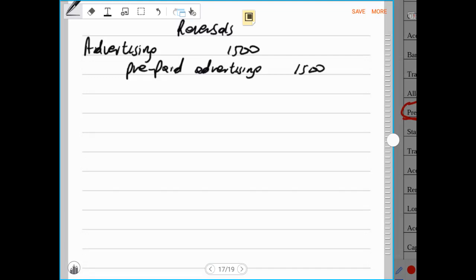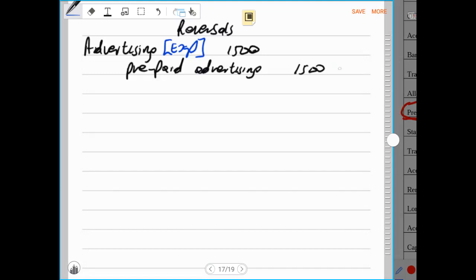So now we have to record this on the income statement because advertising is an expense. This is an expense and it has to be recorded in the income statement.